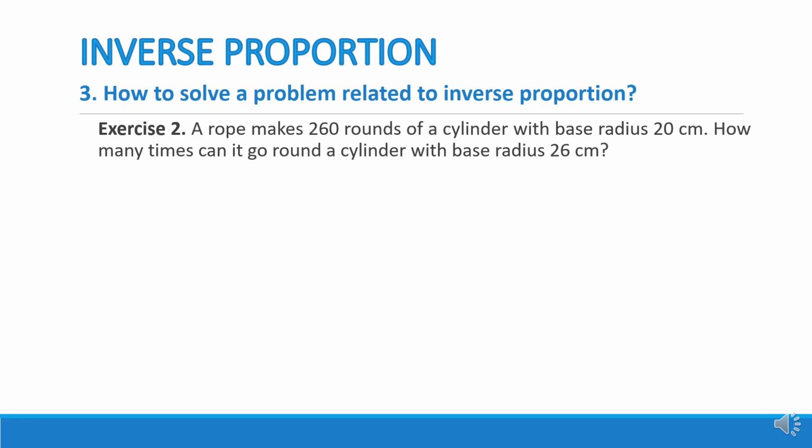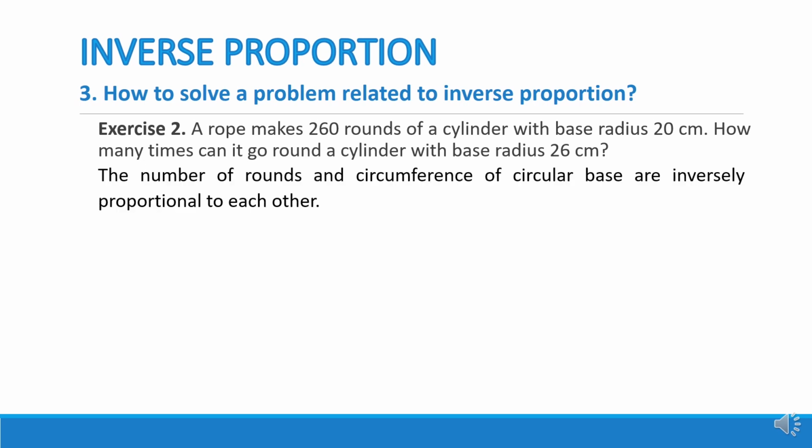The larger the circumference of the circular base of the cylinder is, the fewer times the rope can go round. Thus, the number of rounds and the circumference of the circular base are inversely proportional to each other.